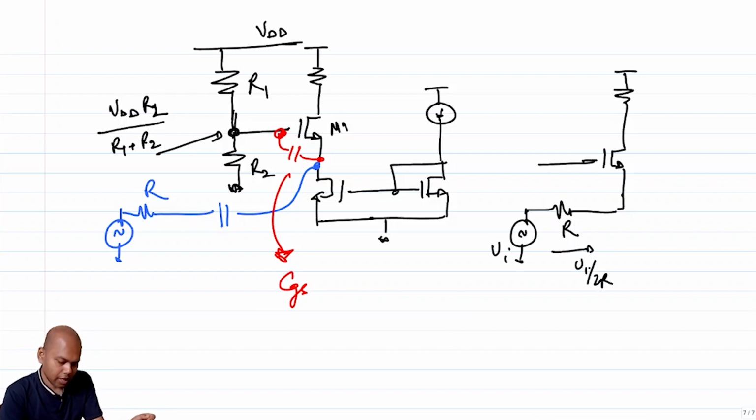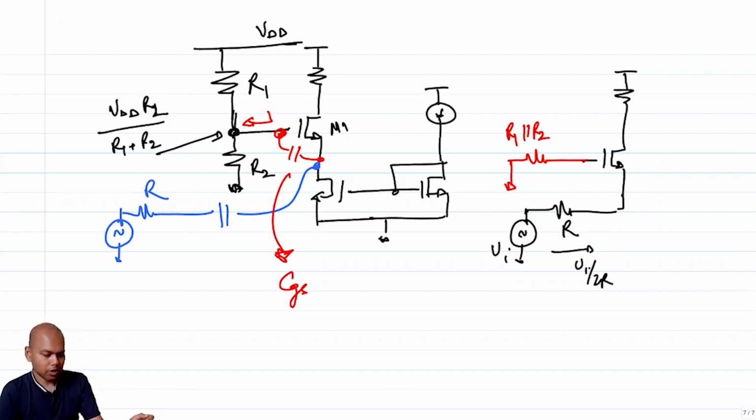And now note that incrementally the gate is not shorted anymore, because what is the incremental impedance looking into this resistor stack? The Thevenin impedance is essentially R1 parallel R2 to ground, and we have this capacitance here. So what happens to this? What is this voltage here?